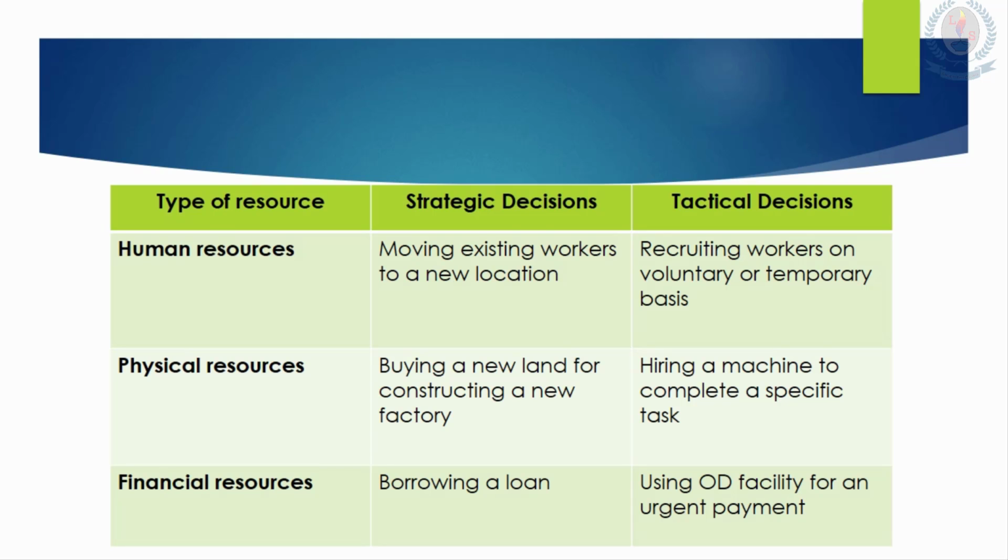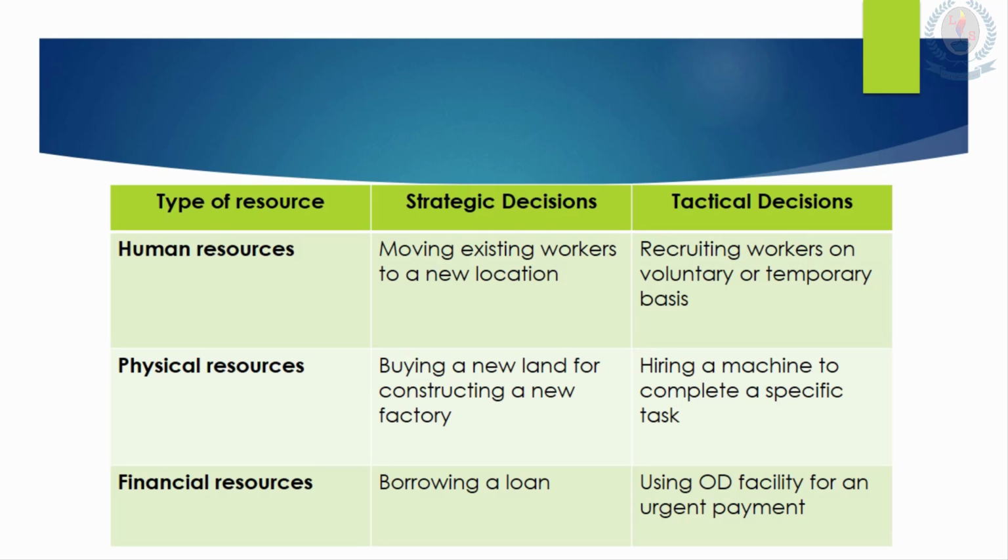But it is a strategic decision then because a huge amount of money, if they borrow through a loan, they need to pay it for more than 1 year. A loan, usually when we are paying a loan, usually take more than 1 year.